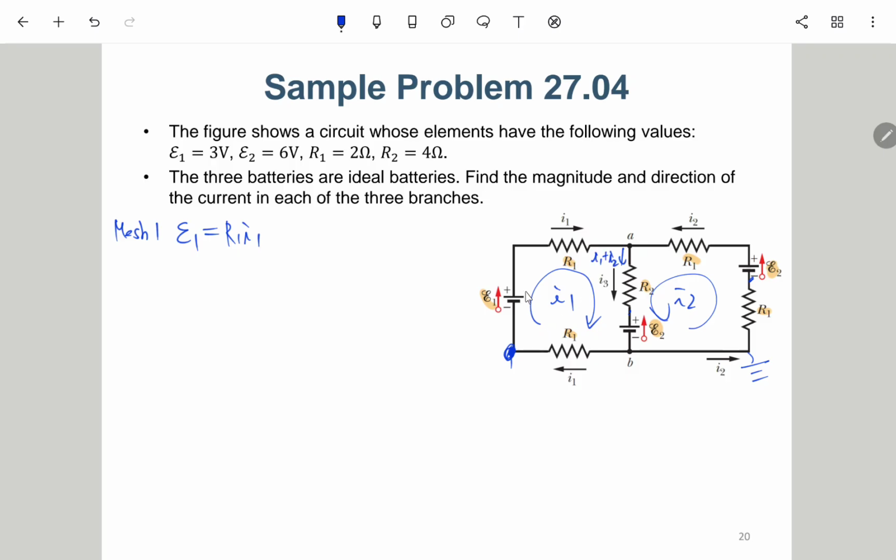I1 is clockwise, I2 counterclockwise. So for this branch it should be I1 plus I2, times R2. Then this is going down. This is high, this is low, so this is plus E2, opposite side to E1, so here we have a plus sign. If you are not familiar with it, you can just put E1 minus this term minus this term minus this term equals 0.